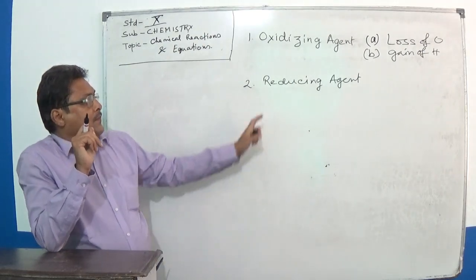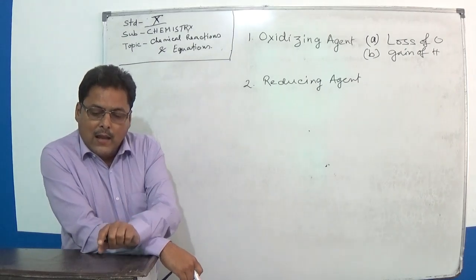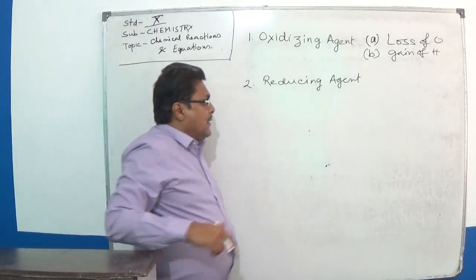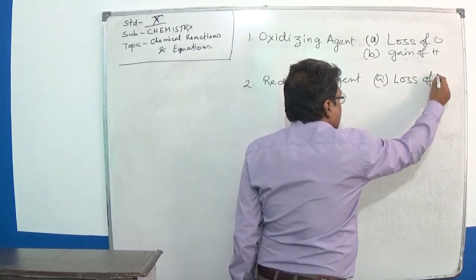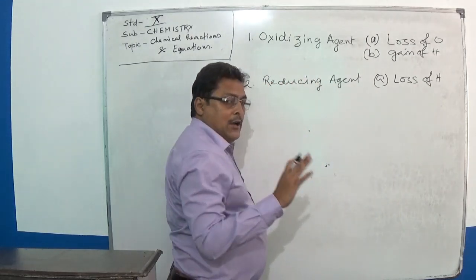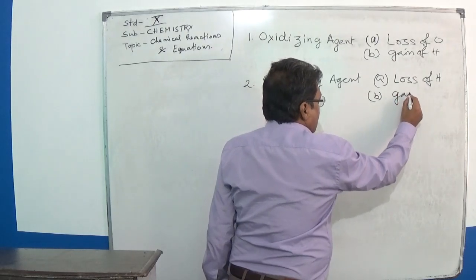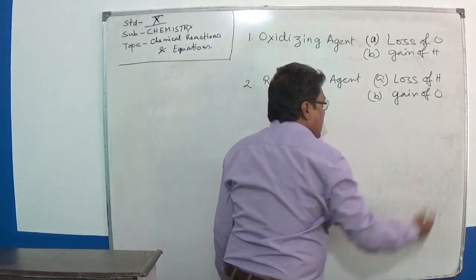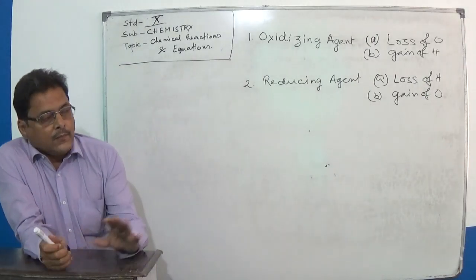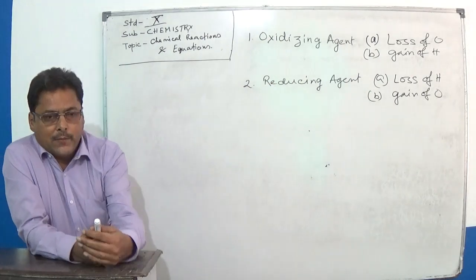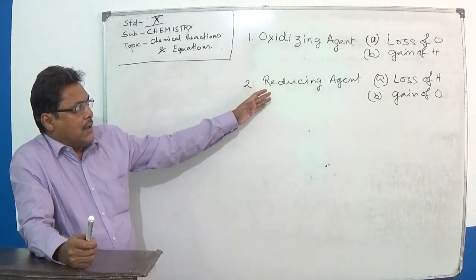Vice versa. What is a reducing agent? It is that substance that in a redox reaction helps either in the loss of hydrogen or in the gain of oxygen. Be very clear about it. Oxidizing agent and reducing agent.